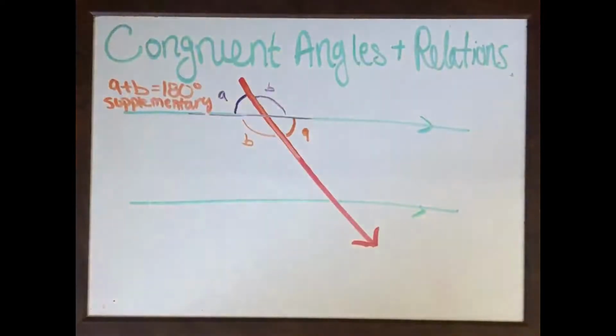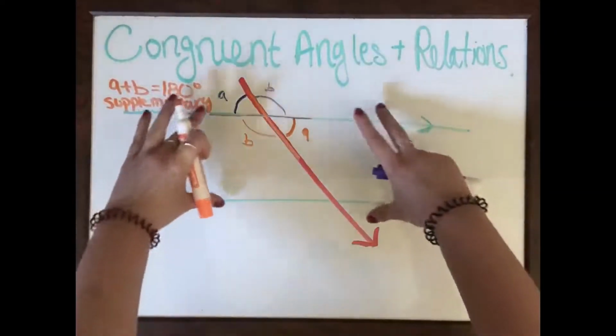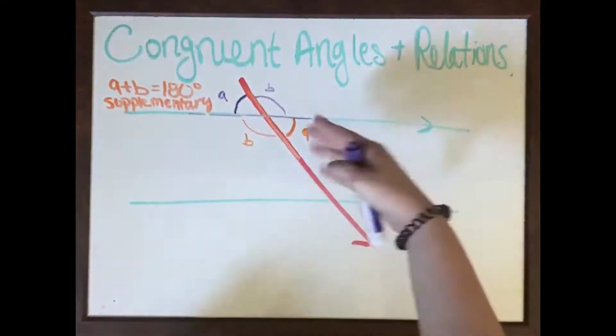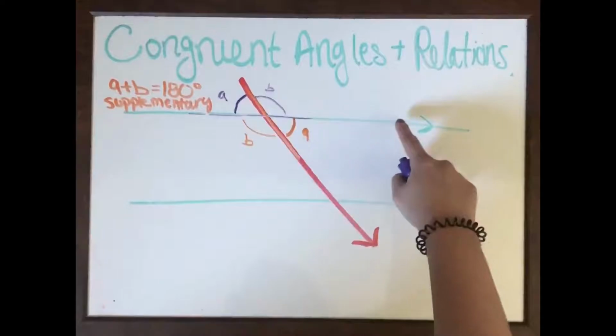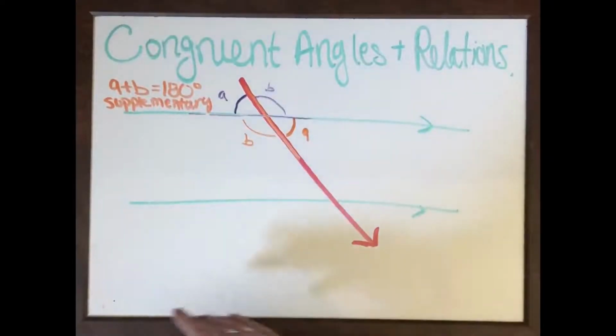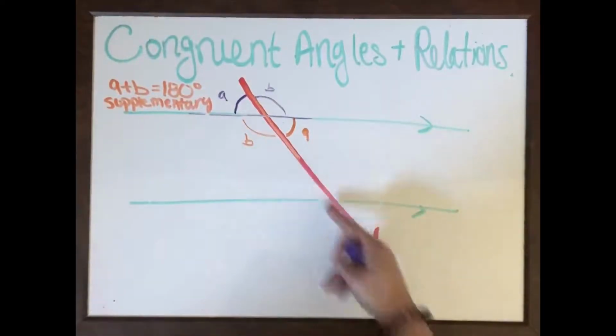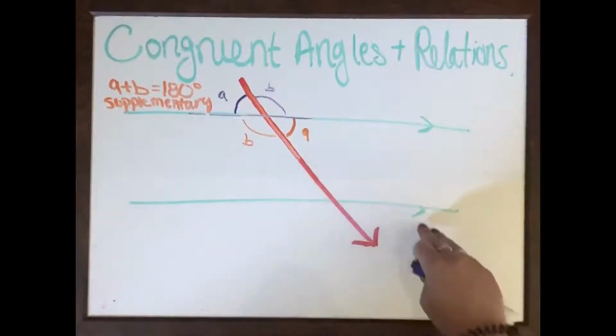Okay, now let's move down to these angles down here. Because these lines are parallel, this portion intersects this line at the same degree and at the same angle that this portion will intersect this line.